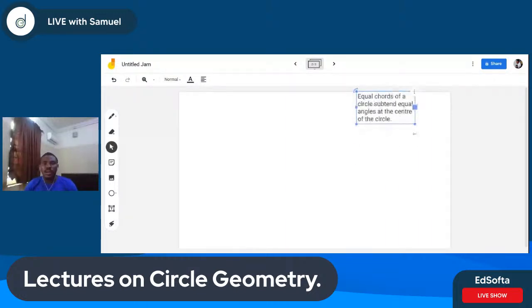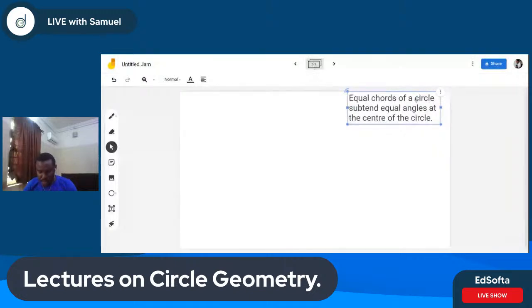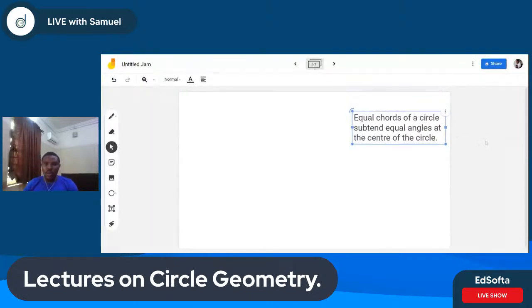So this one says that equal chords of a circle subtend equal angles at the center of the circle.